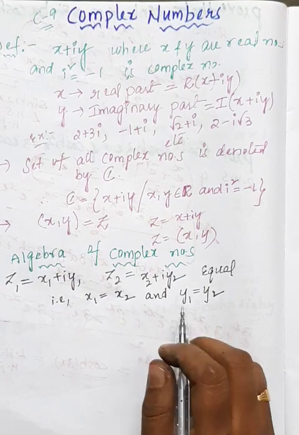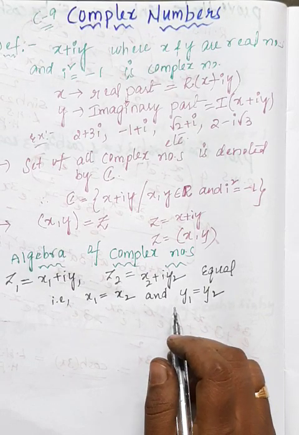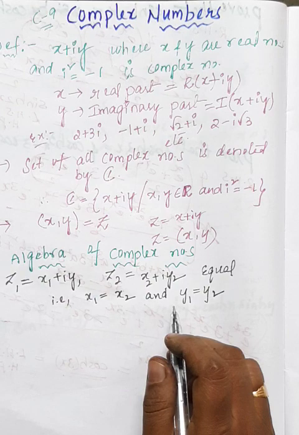So if and only if x1 equal to x2 and y1 equal to y2, then we can say that z1 is equal to z2.